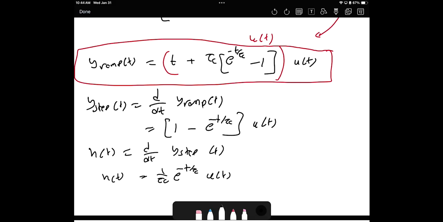So if we know one of them, we can find the others by either doing the integral or the derivative analysis. Okay? Any questions?